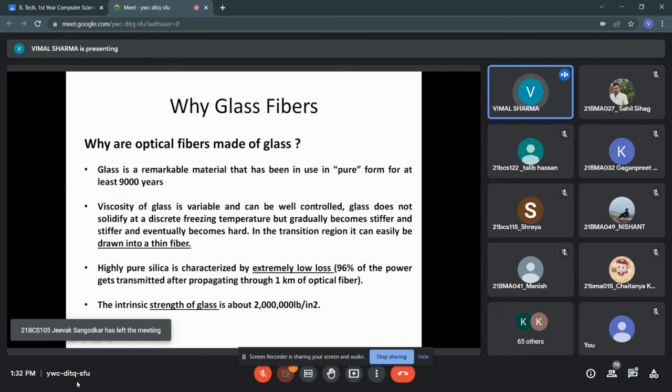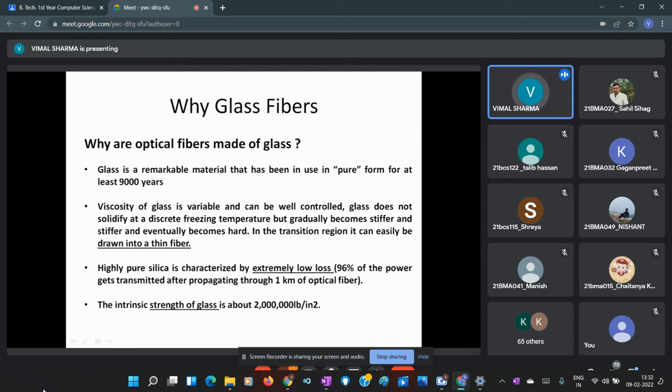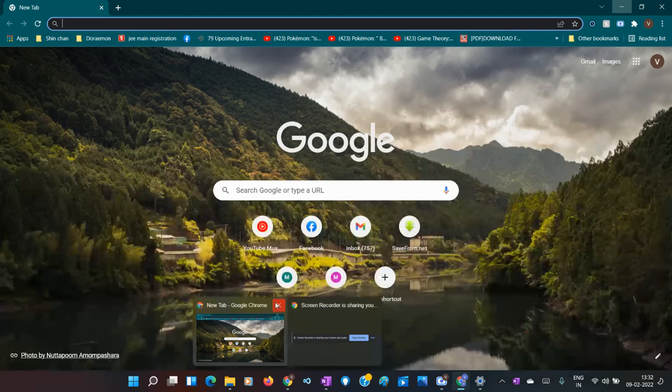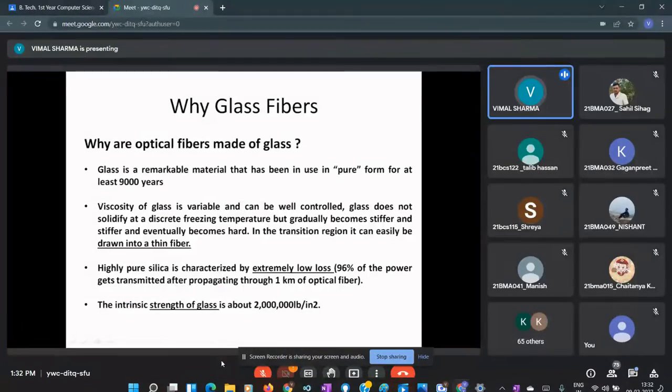And it is a viscous fluid, and the transition range, the temperature range when we solidify it from the molten state, is big. Why is a big temperature range required? Because then we can draw this material into thin fibers. We have a big range of temperature. It is not that it all of a sudden solidifies. So that is one of the reasons.